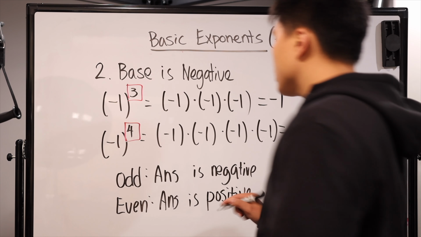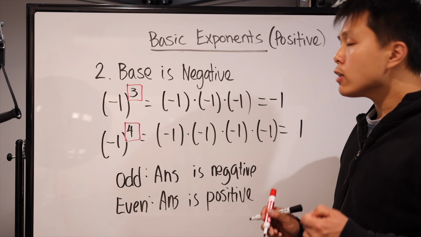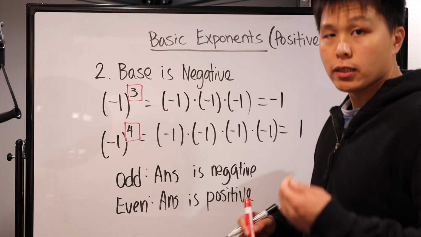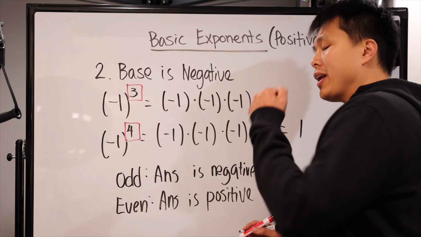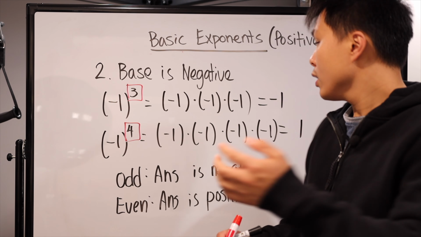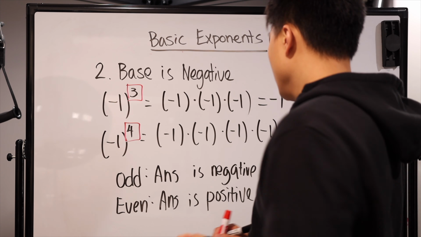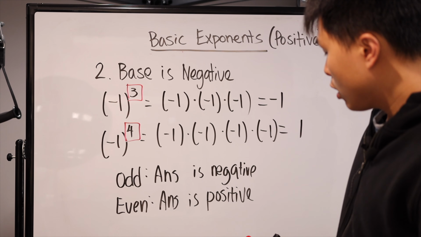And hopefully this example has demonstrated that the negatives will cancel each other out: positive, negative, positive, negative, positive, negative, until whatever is left over. If it's odd, there's always going to be a negative left over. If it's even, there's no negative left over. Nothing's left over, it's all positive. All right, so this is a neat little trick for you to work with.